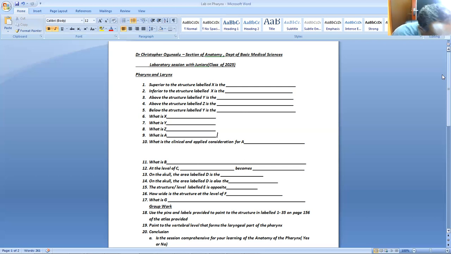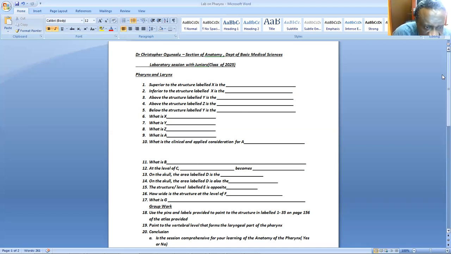So let us look. What is B? So B is basically pointing to the mucous membrane of the cricoid cartilage, a very beautiful membrane in life.